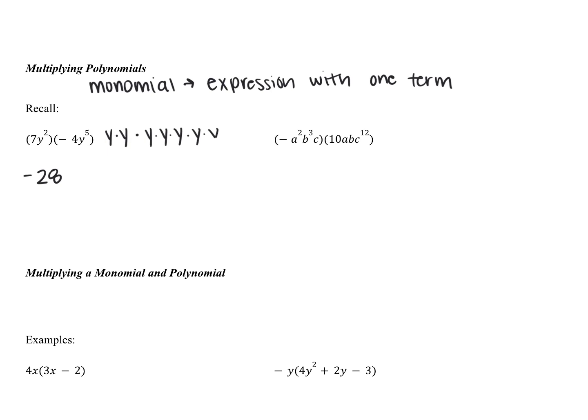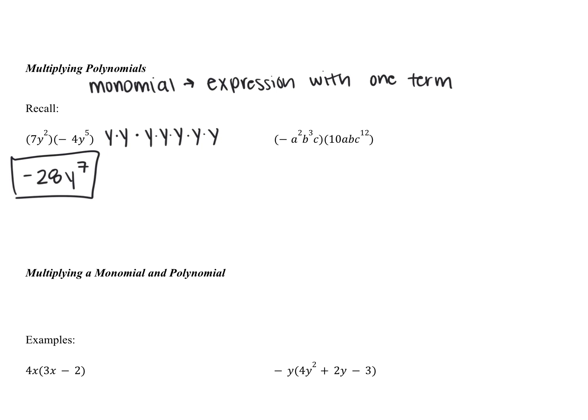I'm basically just counting how many y's I now have, and I end up with y to the 7th. So when I multiply variables, I actually add exponents. It does not multiply, so y squared times y to the fifth is not y to the 10th.